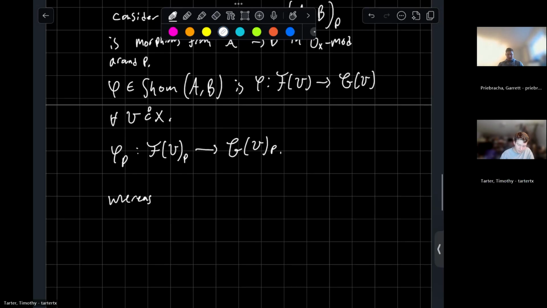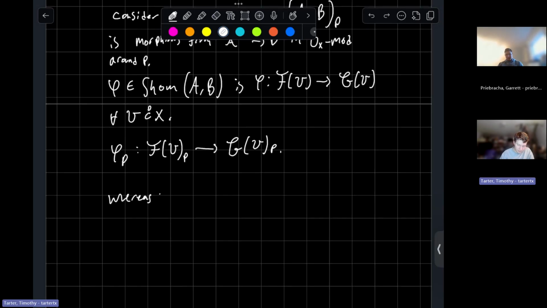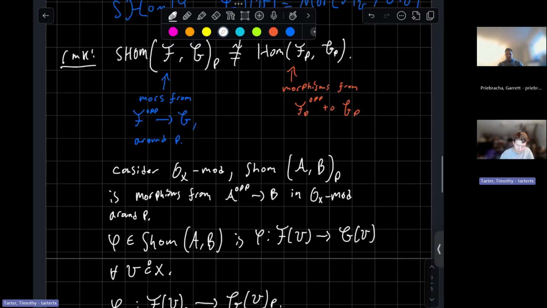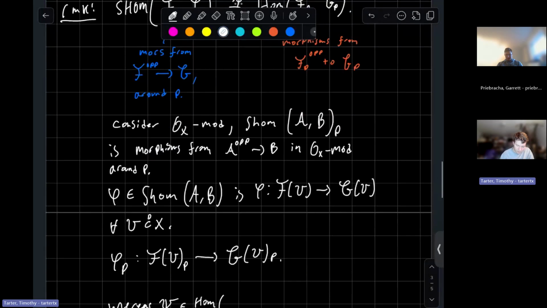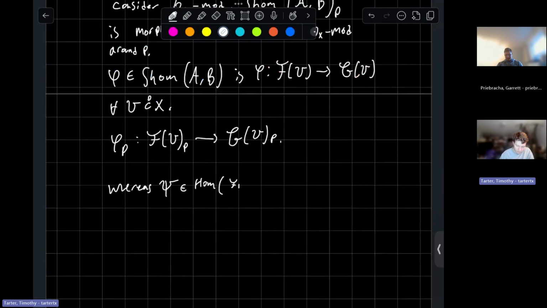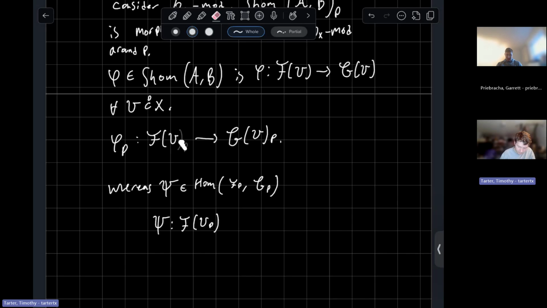Whereas psi in actual F_P to G_P has psi defined from F of U of P. No, it's the other way around. It's the other way around.